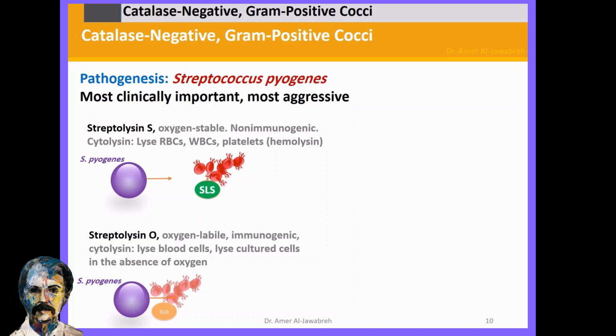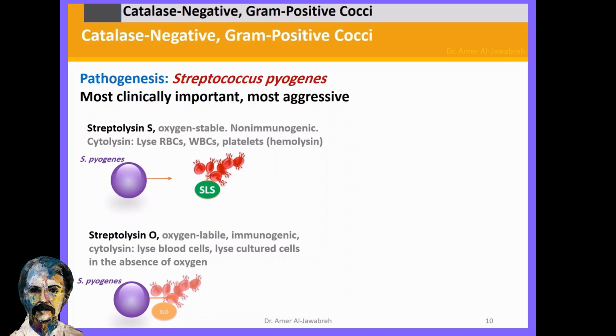The body will produce antibodies against this particular toxin, and we call these antibodies ASO, anti-streptolysin O. There was a test in serology which is called ASOT, anti-streptolysin O titer. So this toxin destroys red blood cells on the 5% sheep blood agar plate, but under one condition: no oxygen. Therefore, this can be used in the lab for diagnosis.